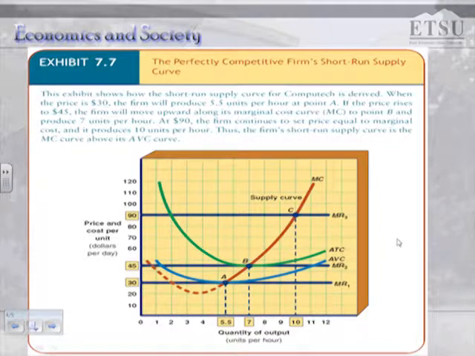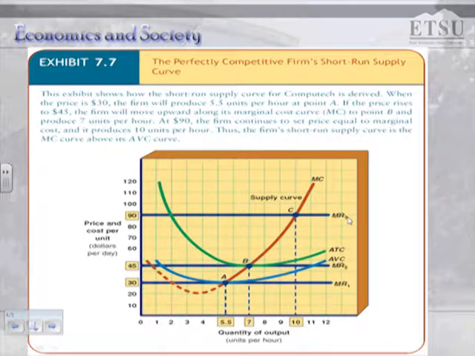The competitive firm wants to maximize profits, and they do so by producing the quantity at which the market price is equal to the firm's marginal cost of production. That is, where the market price is the same as the marginal revenue of the firm, because they're selling all of the units at the same market price.